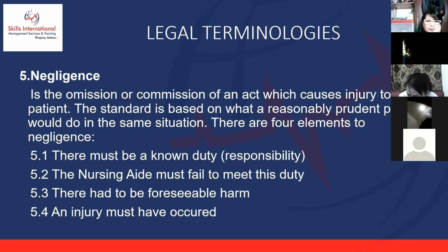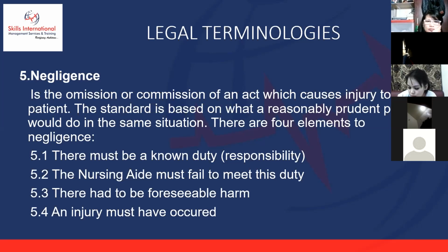Number two, the nursing aide must fail to meet this duty. If you are not going to do your task or responsibility, for example you did not come for work today, you are neglecting your duty. Number three, there has to be a foreseeable harm.